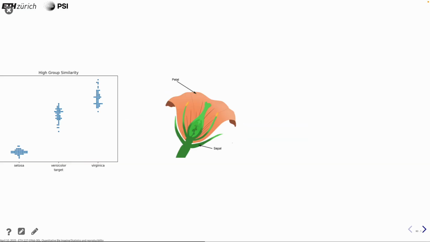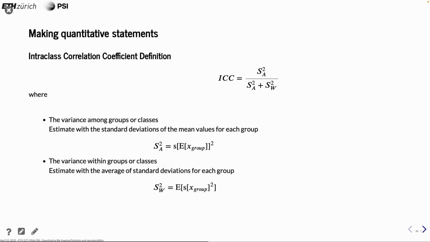And now to put a number on that, we can compute this intra-class correlation coefficient, which is given as this ratio here, where S_A squared is the variance of the averages within each group, and S_W is looking at the variances of each group and taking the average of that.